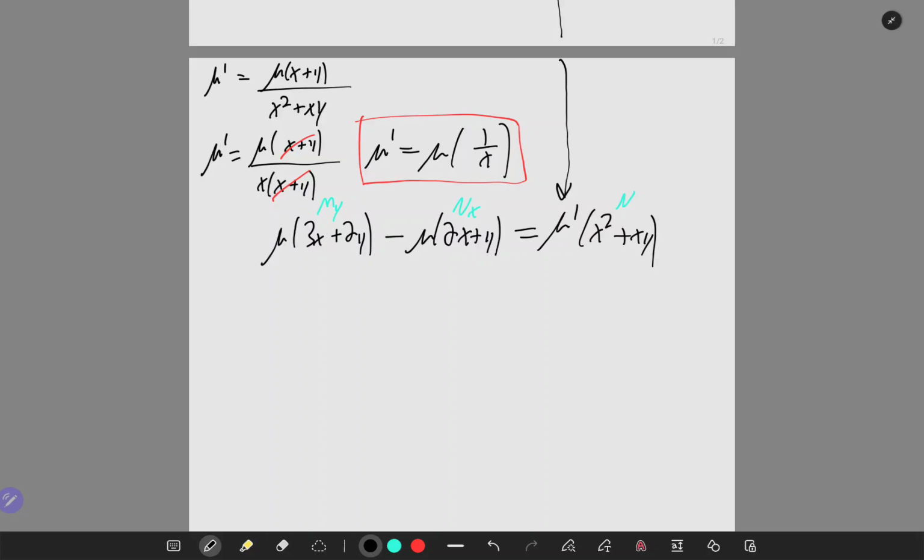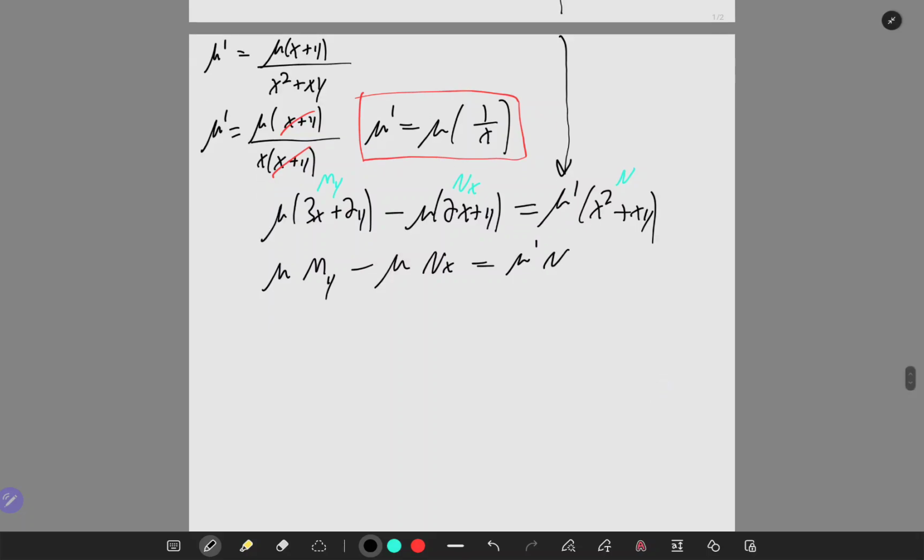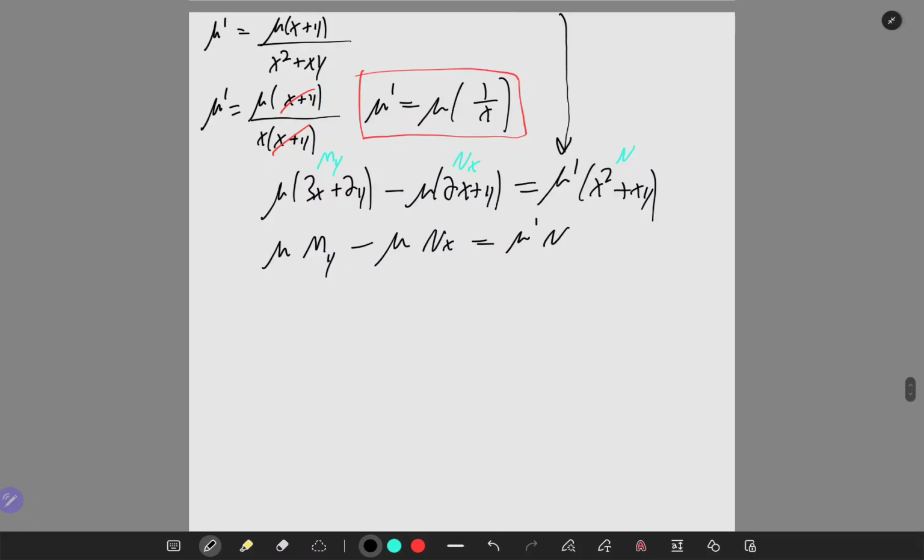So this here, I'm gonna rewrite this now. We have mu times my minus mu times nx is equal to mu prime times n. Right? You're gonna see why I boxed this thing up here in a second. I see now. This is pretty cool actually. So we're gonna have mu times my minus nx, right?